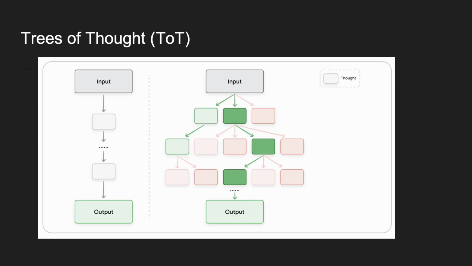So now that we're familiar with chain of thought and self consistency prompting, let's review this other thing called trees of thought. It generalizes the concept of chain of thought prompting because it allows LLMs to explore multiple different reasoning paths simultaneously rather than following a linear chain of thought, right?